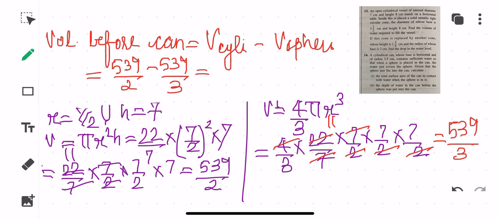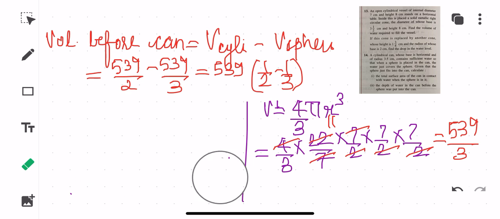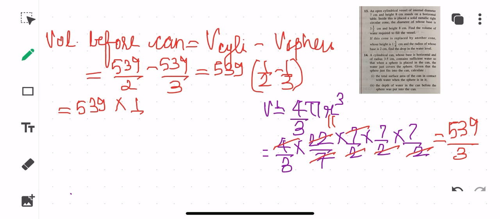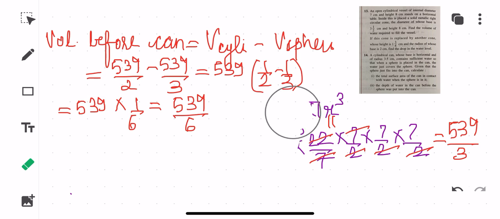If you take 539 common, you are left with 1 upon 2 minus 1 upon 3. So this is 539 into (3 minus 2) divided by 6, that is 1 upon 6. So this comes out to be 539 divided by 6. If you want, you can just keep it like this.